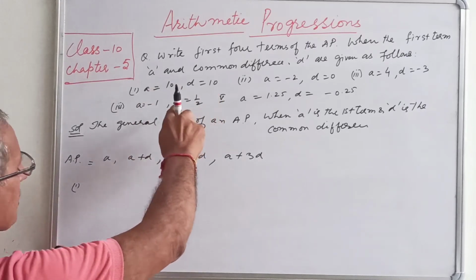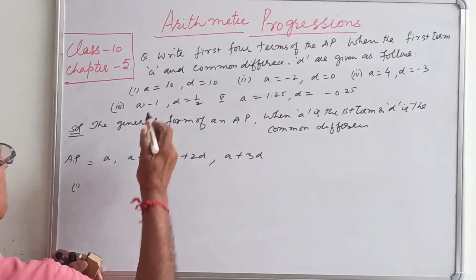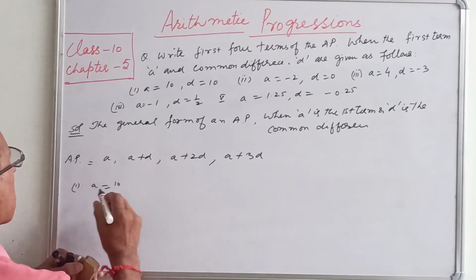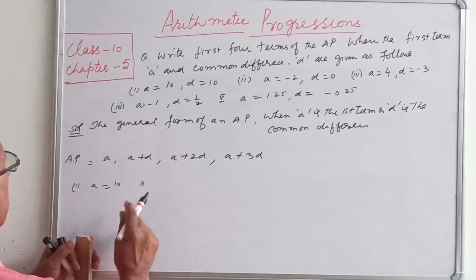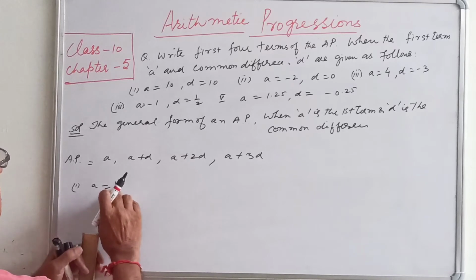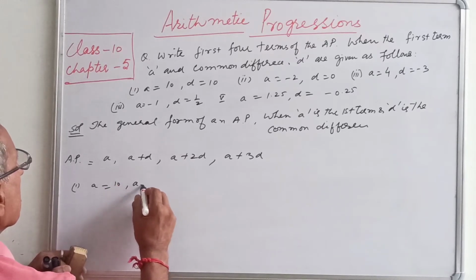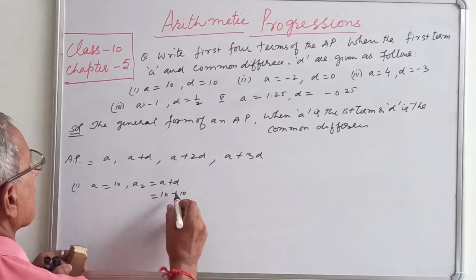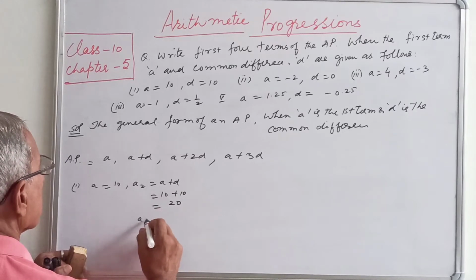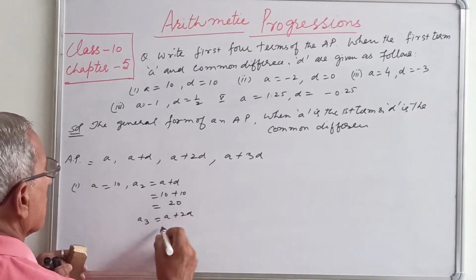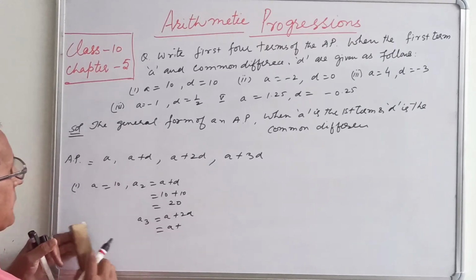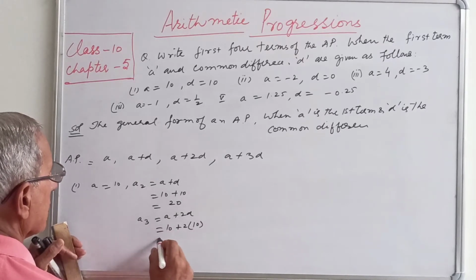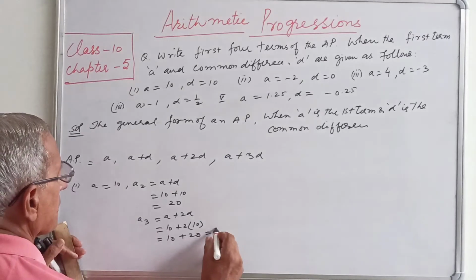A is equal to 10. So the first term is 10. Second term, A2 will be A plus D, that is 10 plus 10, that is 20. A3, A plus 2D, the value of A is 10, 2D is 20, 10 plus 20, that is 30.